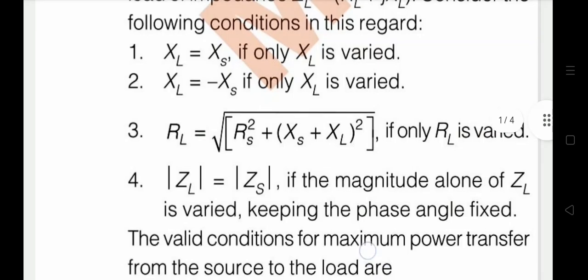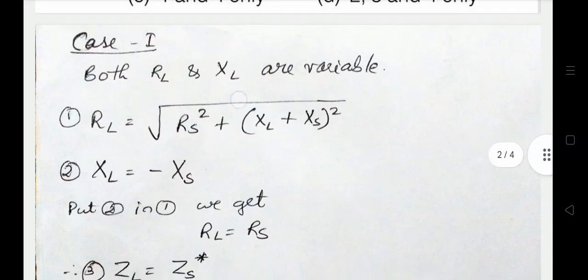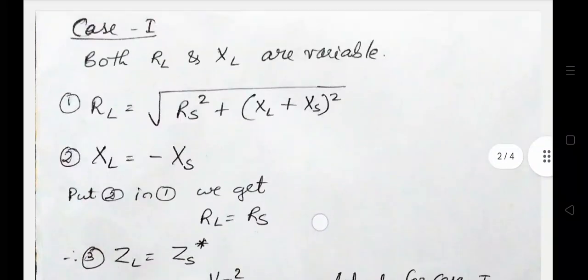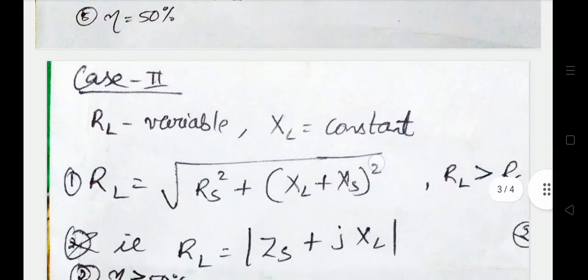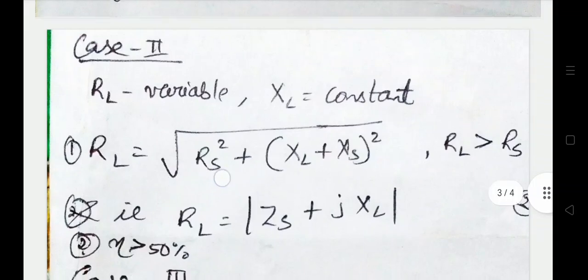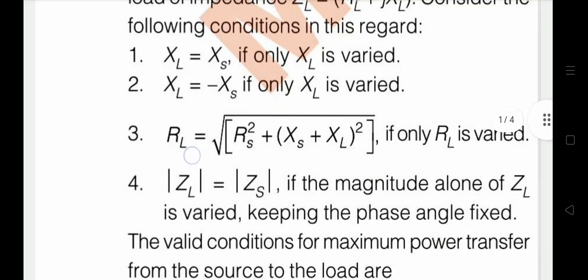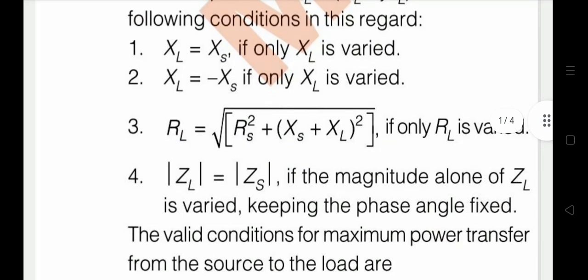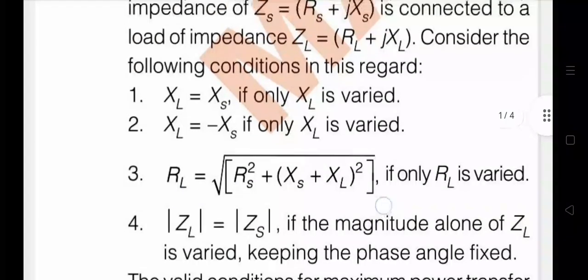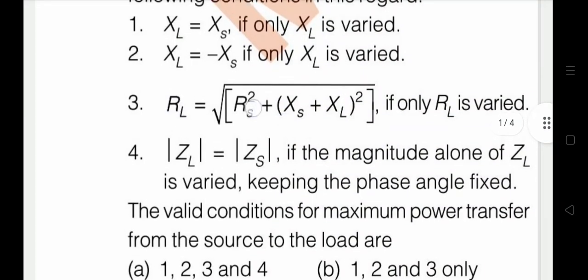Now, if only RL is varied, in the second case we know RL is variable and XL is constant. Here, RL is equal to root of RS square plus (XL plus XS) the whole square. Let's see option 3, RL equal to root of RS square plus (XS plus XL) the whole square if only RL is varied. I hope you understood how this option is also correct. That means 1 is wrong, 2 is right and 3 is also right.